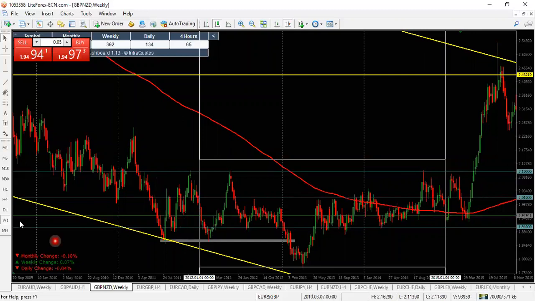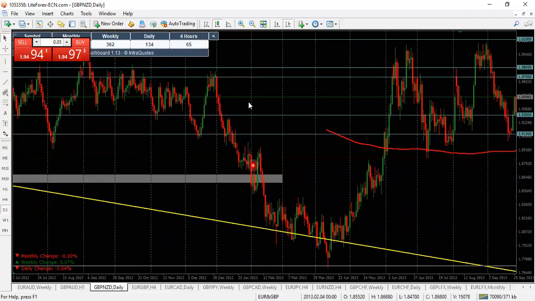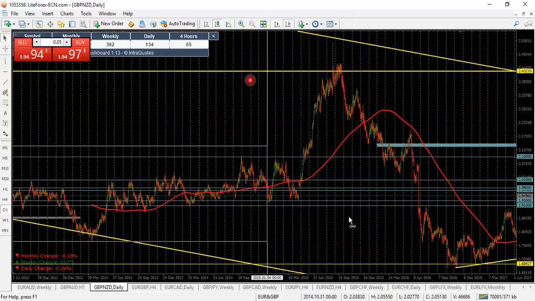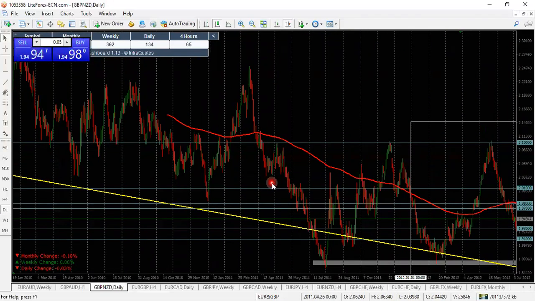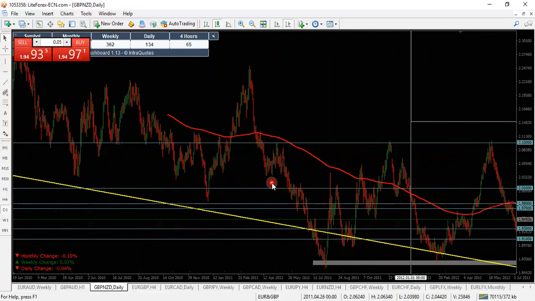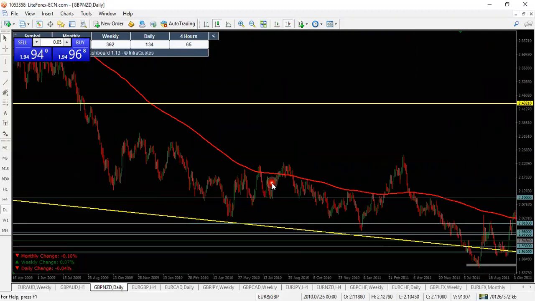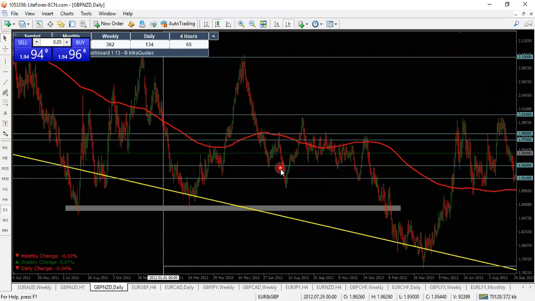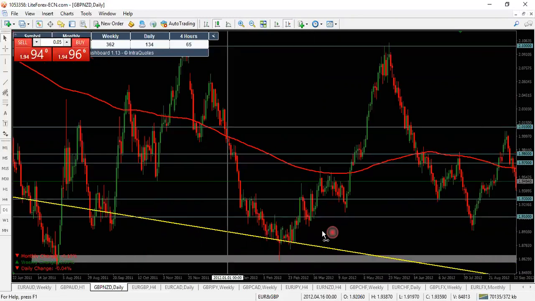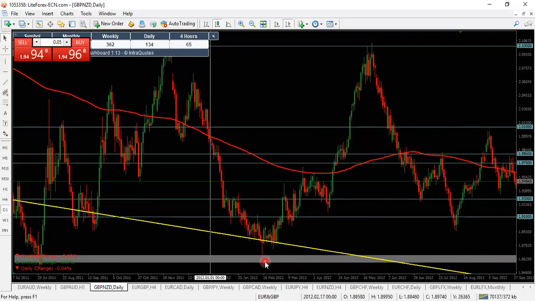If we go down to the daily, zoom in a little bit, and take out all the lines, we would then see that the area in question is around here. And we see this nice rejection on the daily time frame.